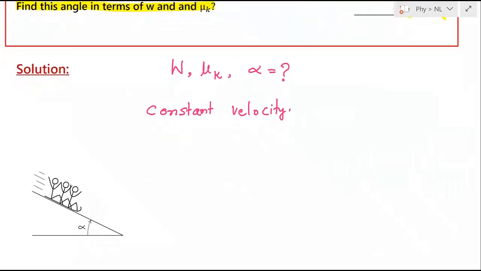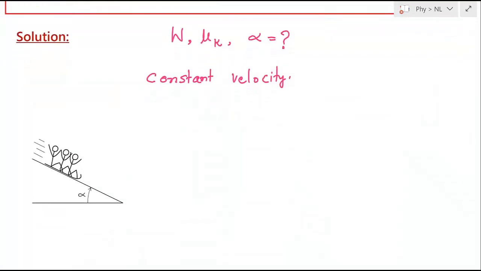So let us first draw the free body diagram for this toboggan before applying Newton's law. So this is the toboggan. What are the forces acting on this toboggan? One force acting is the weight.